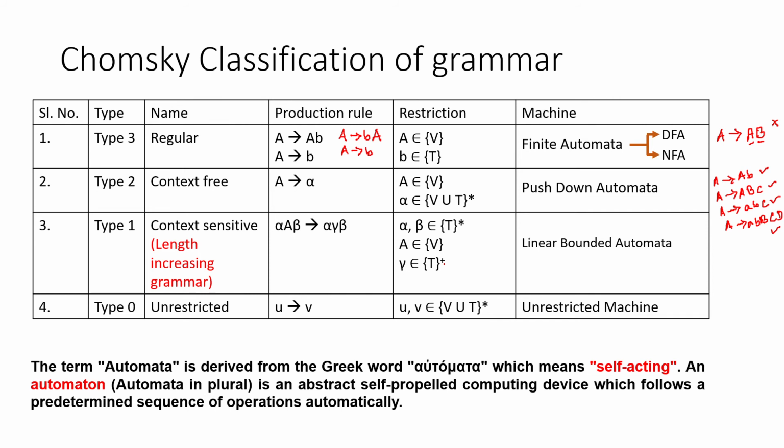At least one terminal. In other words, we can say that in the context of alpha and beta, A can be rewritten as gamma. That is why the name came: context sensitive grammar.